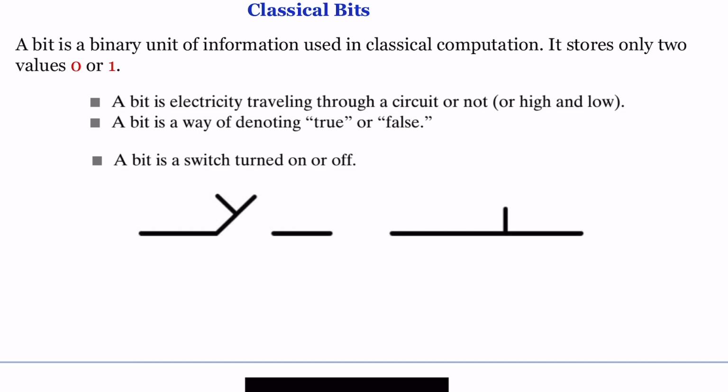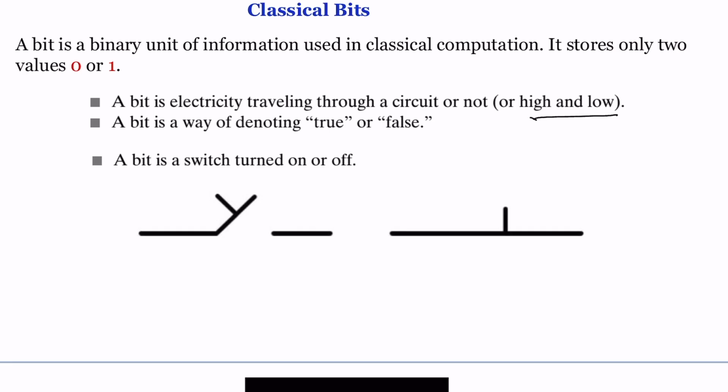Physically, if I talk about the physical realization of a bit, it may be electricity, that means the current traveling through a circuit. If it is traveling through a circuit, then we can say it to be 1, and if it is not traveling through the circuit, then we can say it to be 0, or say if the voltage is high, then we can say it's 1, and if the voltage is low, then we can say it to be 0.